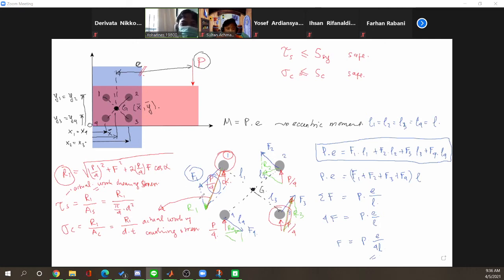So from this resultant, then calculate the working shearing stress and also calculate the working crushing stress. Then compare with the strength of the material in order to judge whether this design is safe or not. Okay, so that's how we design the eccentric joint.